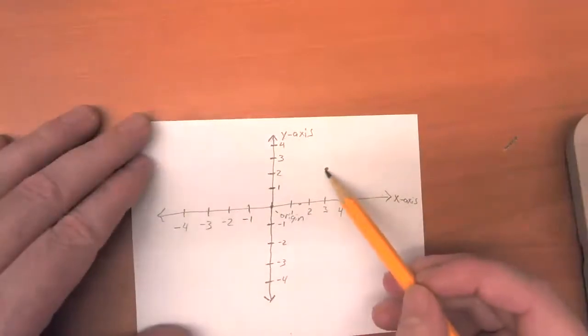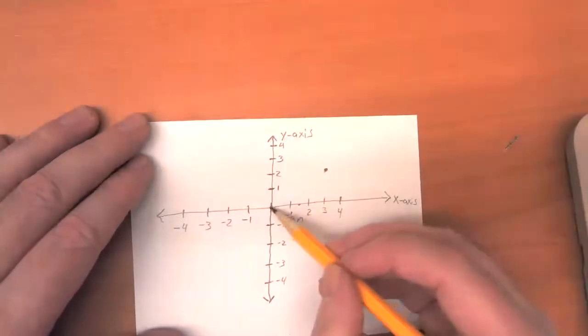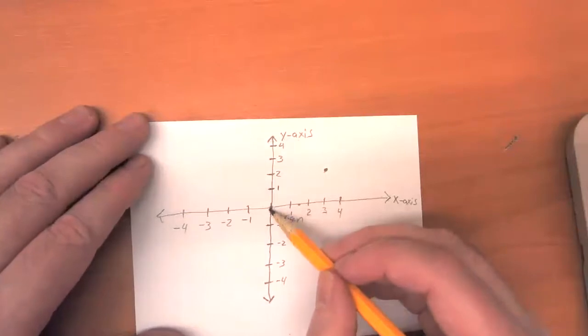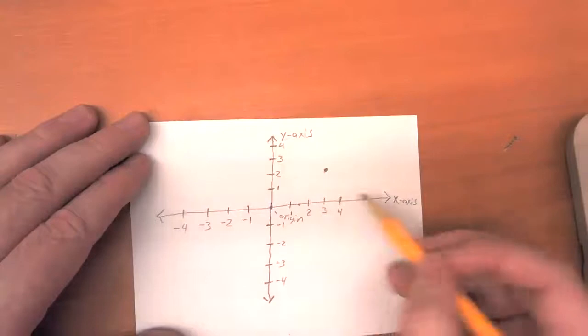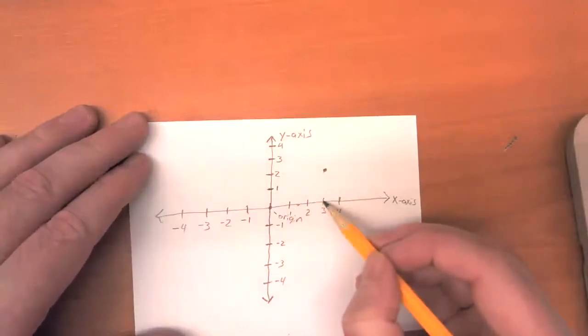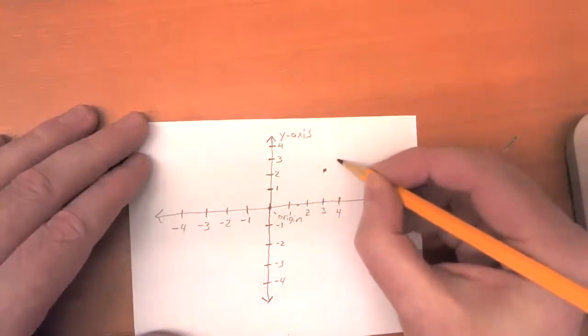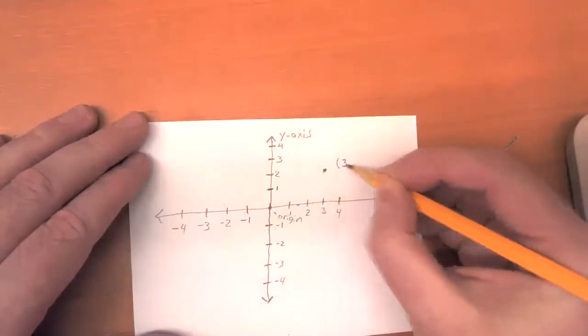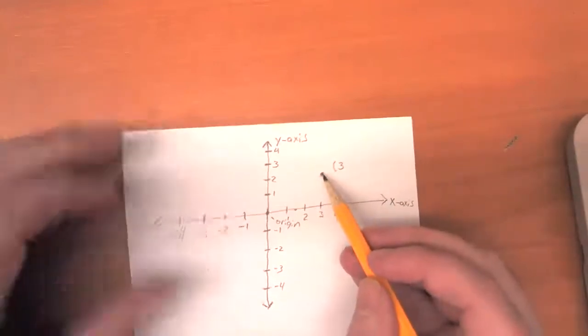When we want to find the coordinates of this point, we need to start from the origin, just like Spider-Man did. So the first thing we're going to do is figure out how far left and right we need to go on our original number line. And so we're going to go 3 points to the right, to where 3 is on the first number line. And so that's going to be the first part of the address of this thing.